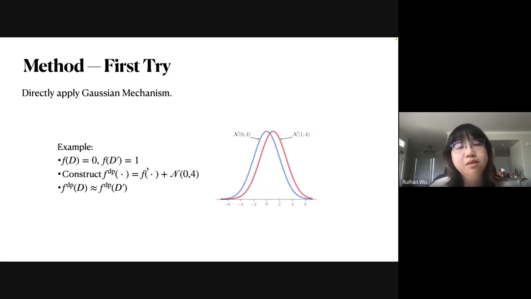The Gaussian mechanism is that we can add additive Gaussian distribution noise to a function to make the probability density functions close, and a larger variance of this Gaussian noise will make these two distributions closer.